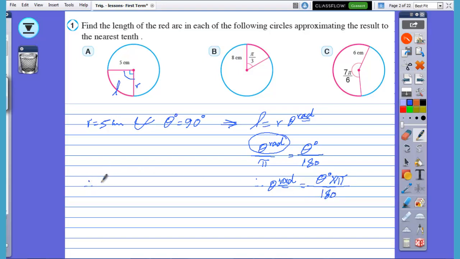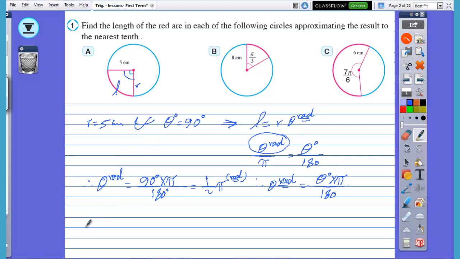So theta radian equals 90 degrees times pi over 180, which equals half pi in radian, such that 90 divided by 180 equals half.